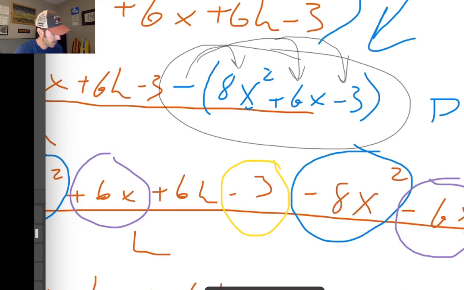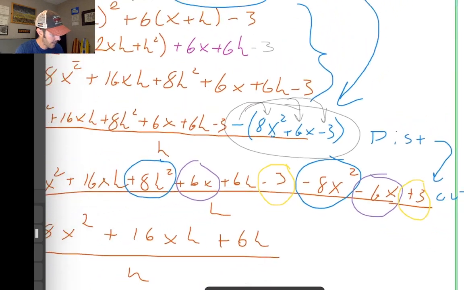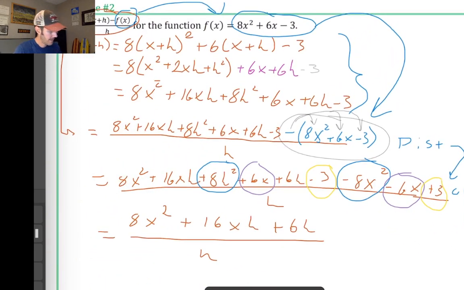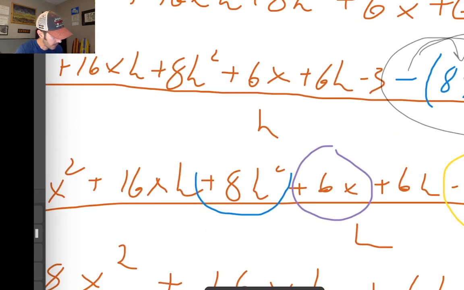And then what impact does that have? The impact of changing this into a minus 8x squared is that when we were canceling out, or combining like terms, I should say, it's not going to cancel out this minus 8h squared term. So I'm going to erase at least some of the circling that I did around that.